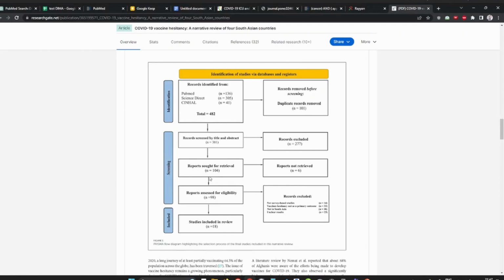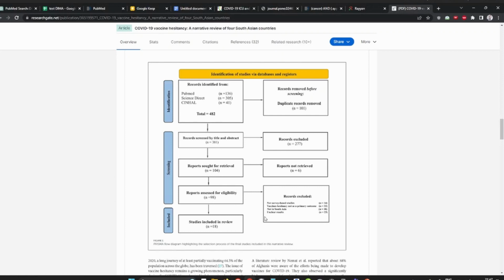We were able to pull out 98 full text articles, and 6 we were not able to retrieve. There might be some problem with the papers, or the paper was excluded or something. This is the full text retrieval and the full text screening.